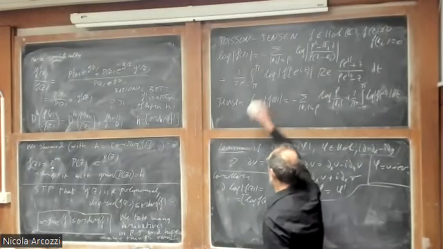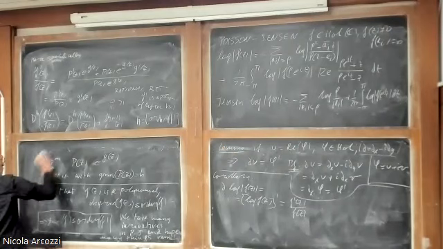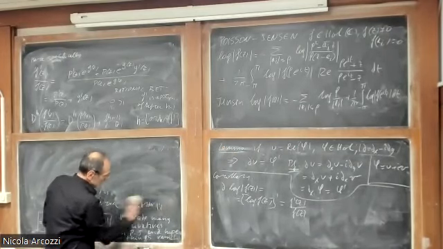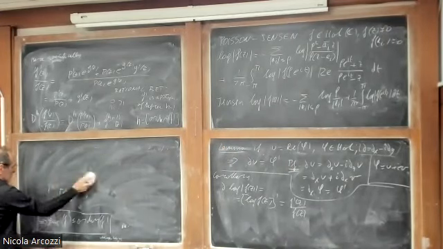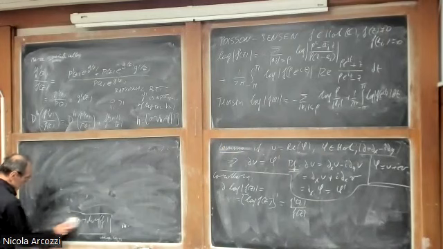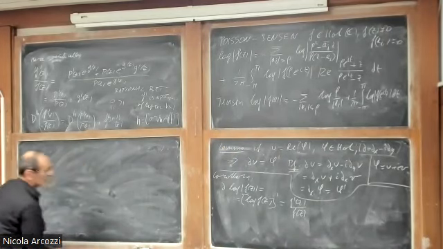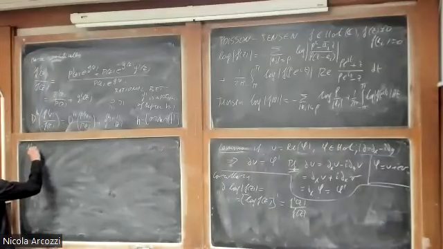So apply to this the Poisson-Jensen formula. What you get is f prime over f.